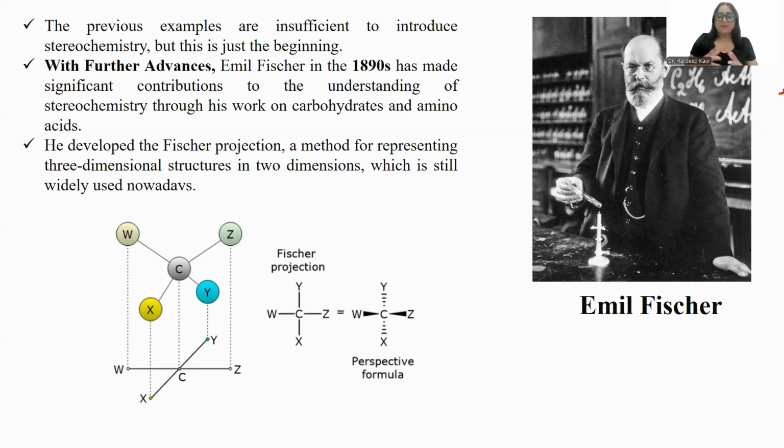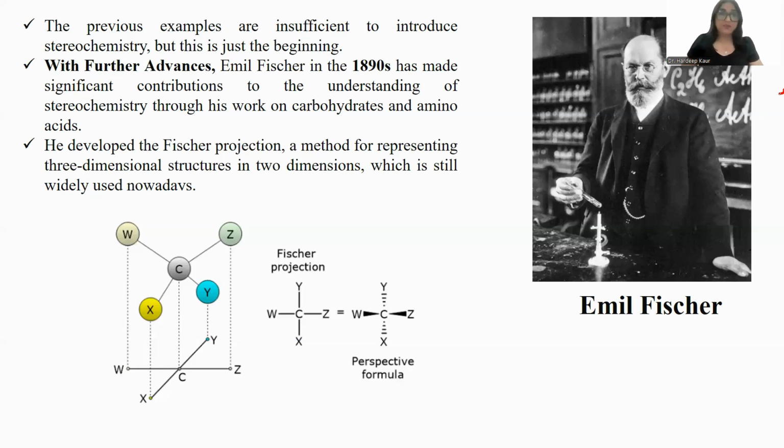Emil Fischer showed how we can represent a three-dimensional structure in two dimensions. Before, they had let us know how to represent a compound in a three-dimensional structure, but Fischer helps us present the three-dimensional structure in two dimensions, which is widely used everywhere.